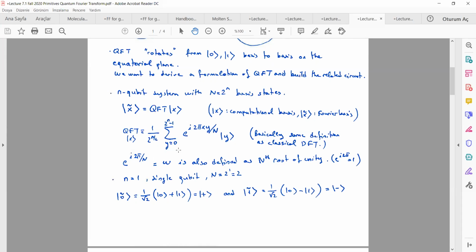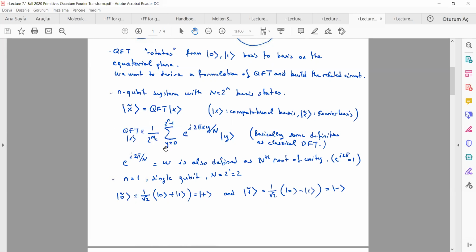And we define the quantum Fourier transform applied on the state ket x as 1 over 2 to the n over 2. This is again a quantum state, so this is the normalization of the state vector.